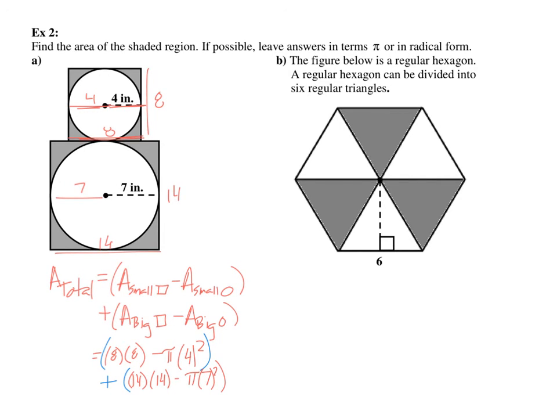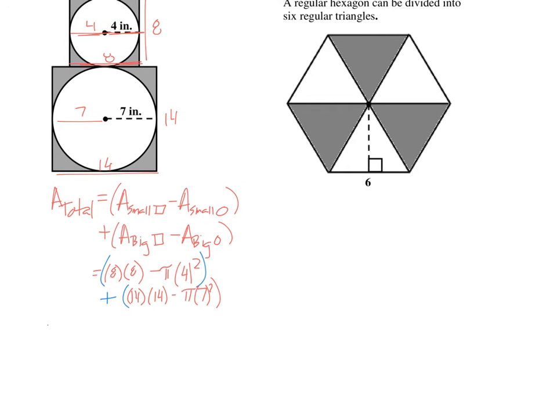All right, let's simplify all this. So I get 64 minus 16 pi plus 14 times 14, that's 196 minus 49 pi. All right, now since there's a plus sign in front of the parentheses, that doesn't change anything. It's just multiplying by positive 1.